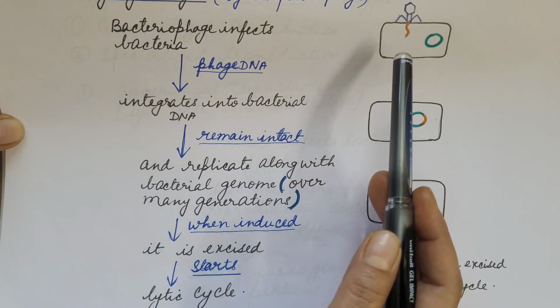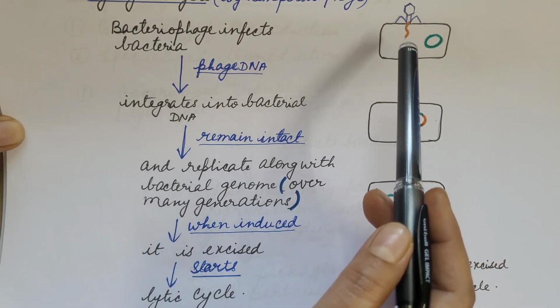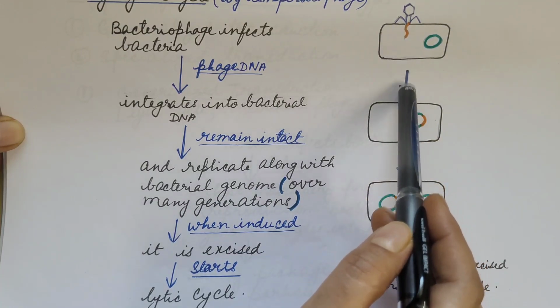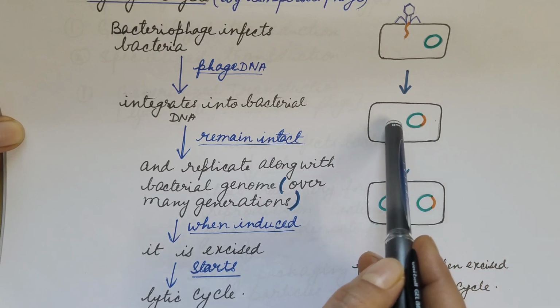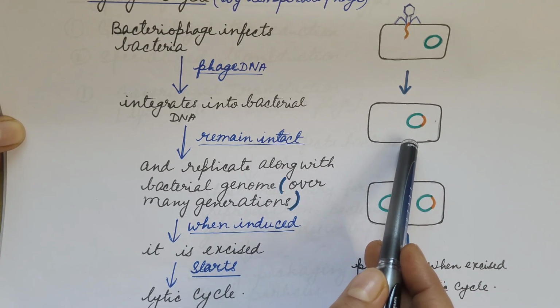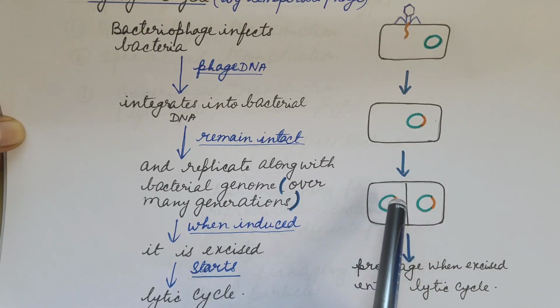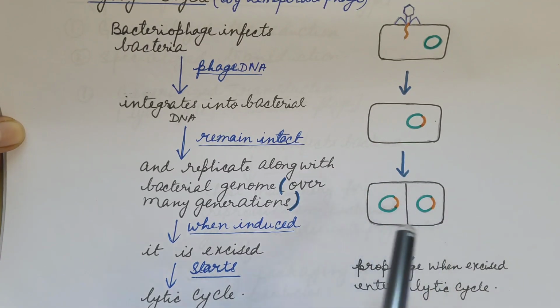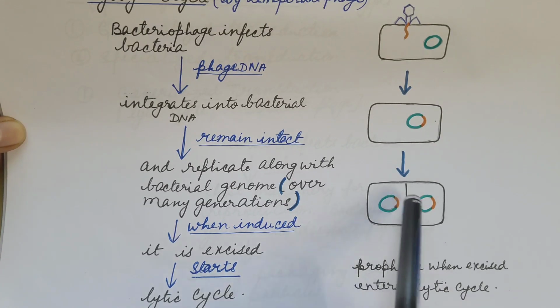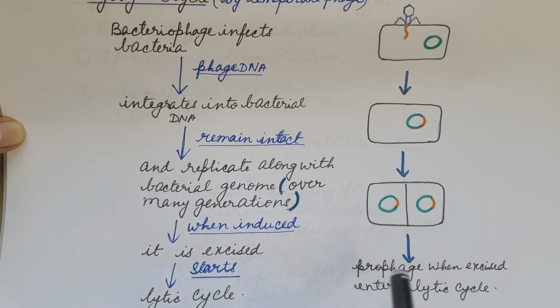The lysogenic cycle occurs by the temperate phage. In this, the bacteriophage infects the bacterial cell and injects its genetic material. Then it integrates with the bacterial genome and remains intact for many generations, replicating along with the bacterial genome. And when any induction occurs, like exposure to certain chemicals or ultraviolet rays, it is excised and enters the lytic cycle and the similar process takes place.